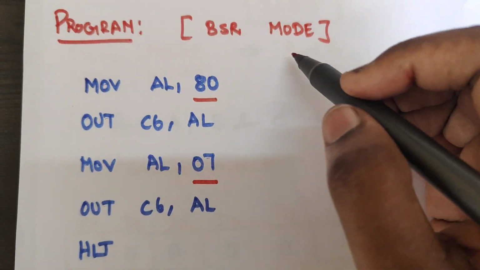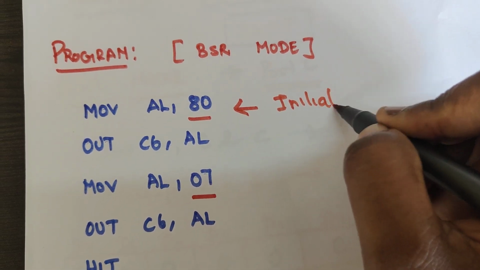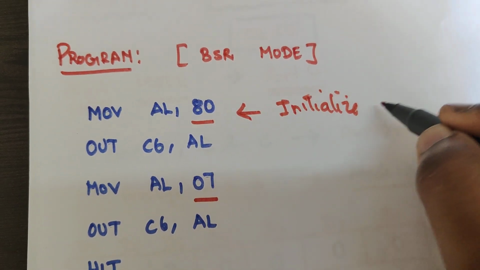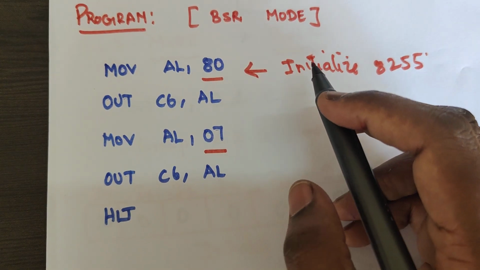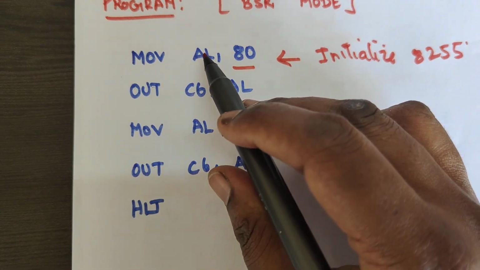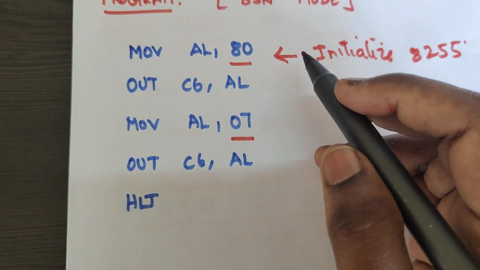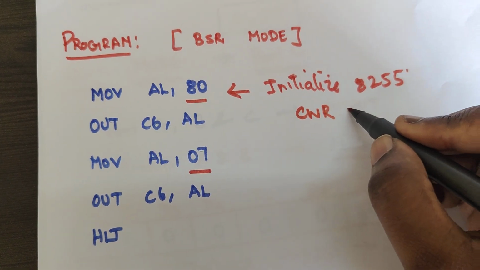First thing you have to initialize the 8255. To initialize the 8255, we found the value as 80. So load 80 in the accumulator. From the accumulator, you give it to the control word register.